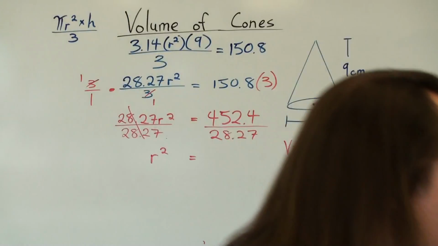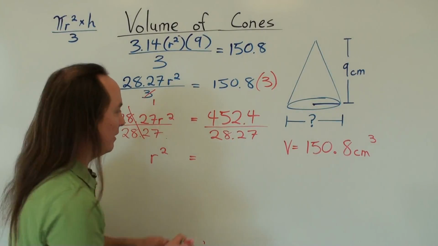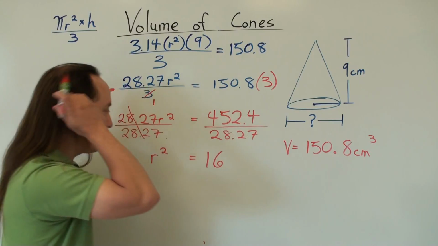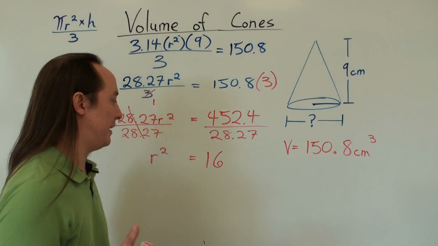I like that. That's a nice, almost pretty darn exact number, right? So 16. Let's just say it's equal to 16. Just kind of approximating, but when it's 0.00, that's pretty good to say it's 16.